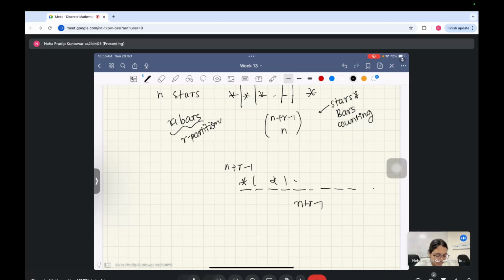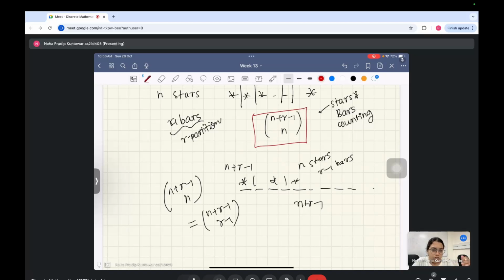There are precisely n stars and precisely r minus 1 bars. So this is the same as n plus r minus 1 choose n, which is the same as n plus r minus 1 choose r minus 1. This is how we arrive at this expression, which becomes very handy when we solve word problems. I hope that was enough of a recall.